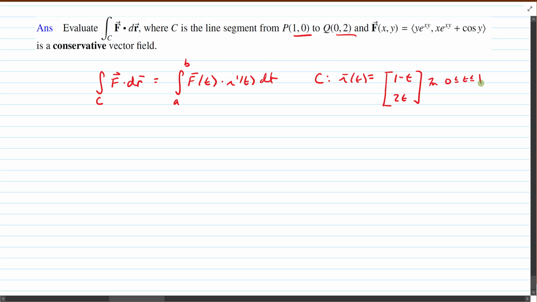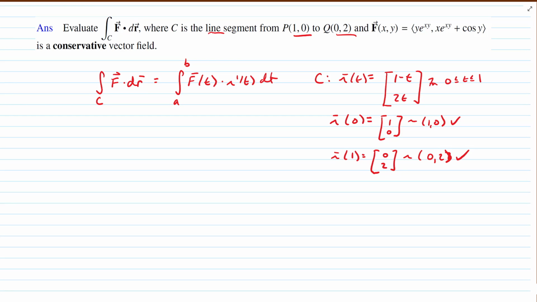And as always, I recommend that you check at least the two endpoints and then confirm that your parameterization in this case is aligned like it's supposed to be. So r of 0, you'll note, is the vector 1, 0, which corresponds to the point 1, 0, so check. And notice that r of 1, if we plug in a 1 for t, we get out the vector 0, 2. So that corresponds to the point 0, 2. So check.